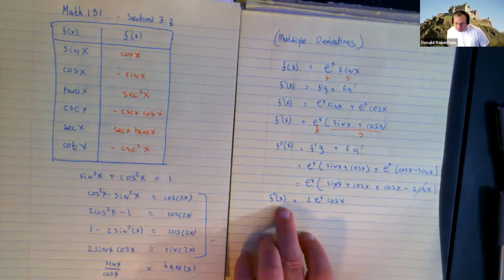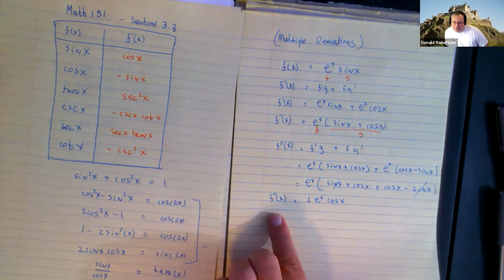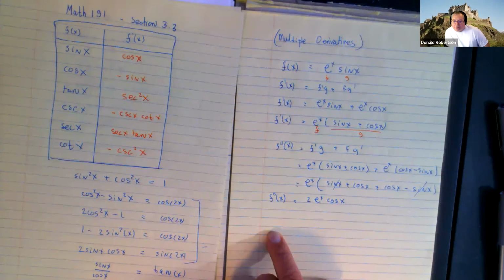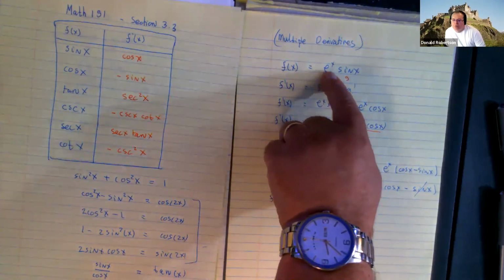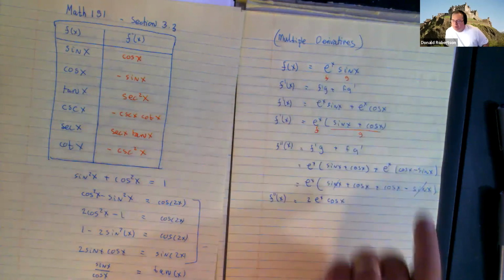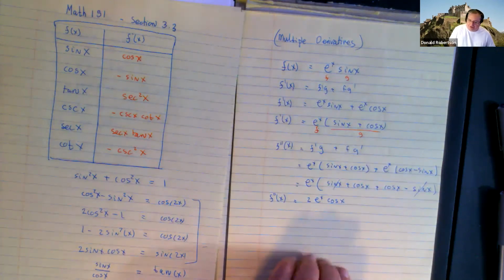I've got a feeling that the fourth derivative would end up being a multiple of this guy. Probably 4. That would be my guess, but you'd have to do it.